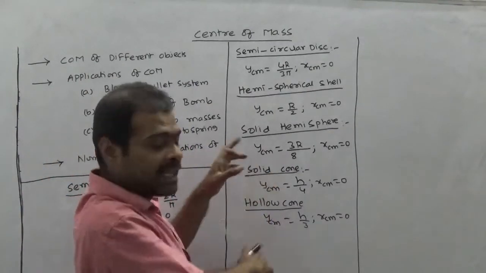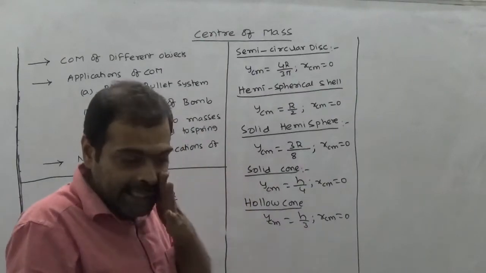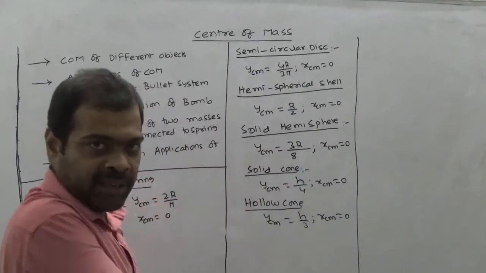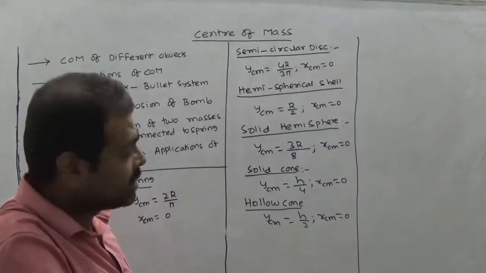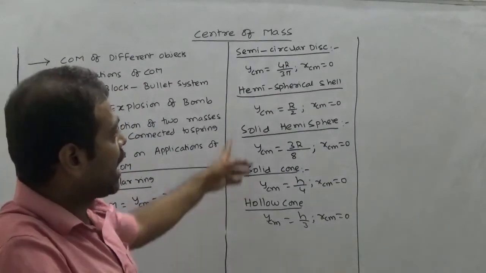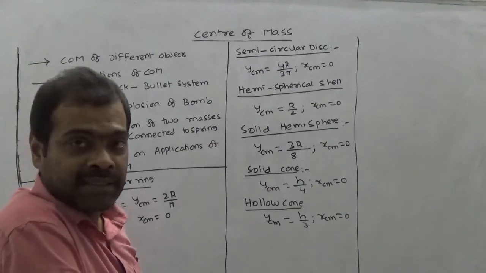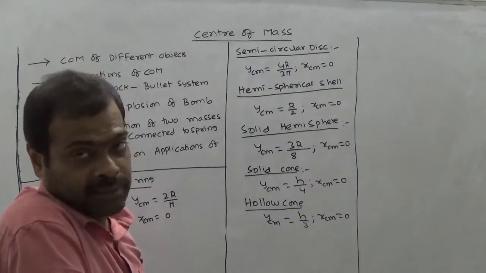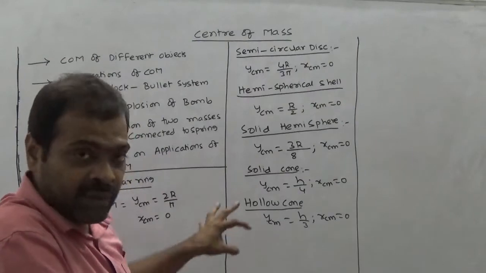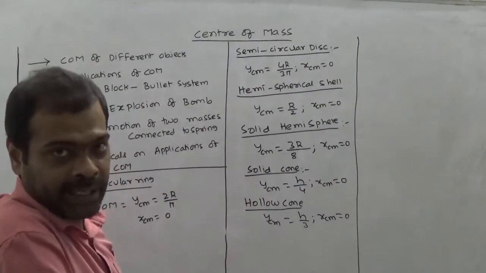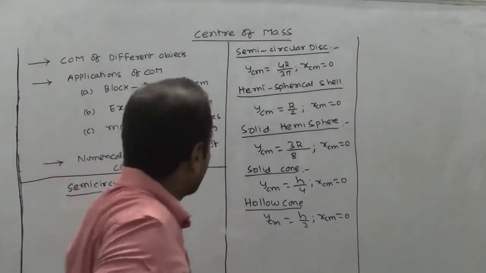We are having applications of these objects in rotational motion. And some part in the JEE Advanced, they are asking on the hemispherical shell. They are asking advanced questions in collisions. So that's why this data is the most important. All of you please remember it.